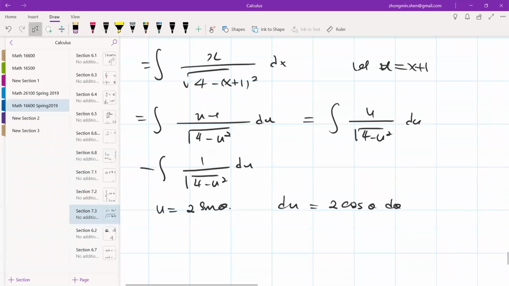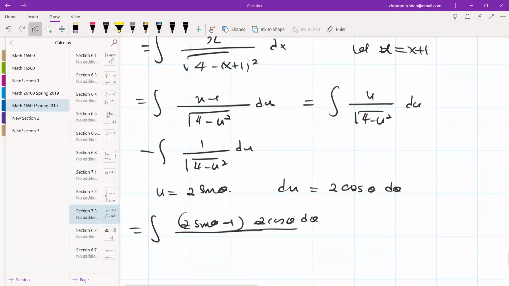So now the integral, after you plug them in, is going to be 2 sine theta minus 1, times du which is 2 cosine theta d theta, and the denominator is square root of 4 minus u squared. 4 minus u squared is going to be 4 cosine squared theta, so the root is 2 cosine theta.